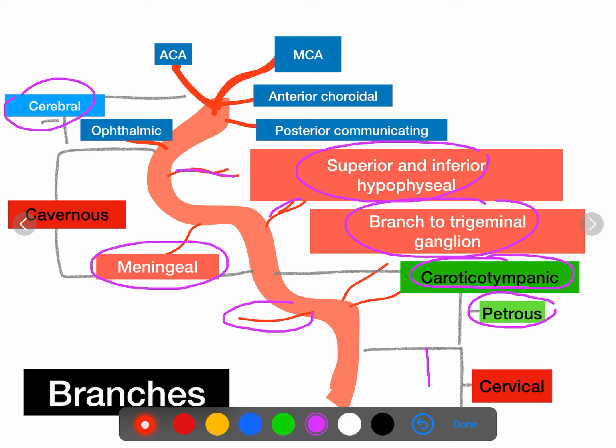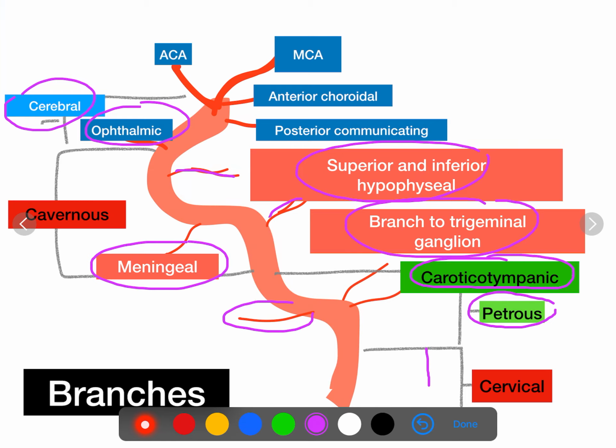Now the fourth part is the cerebral part. The first branch is the ophthalmic artery. The ophthalmic artery enters the orbit through the optic canal, and then it gives out a few branches. The branches are lacrimal artery, long and short posterior ciliary branches, supratrochlear, supraorbital, central artery of retina, and dorsal nasal artery.